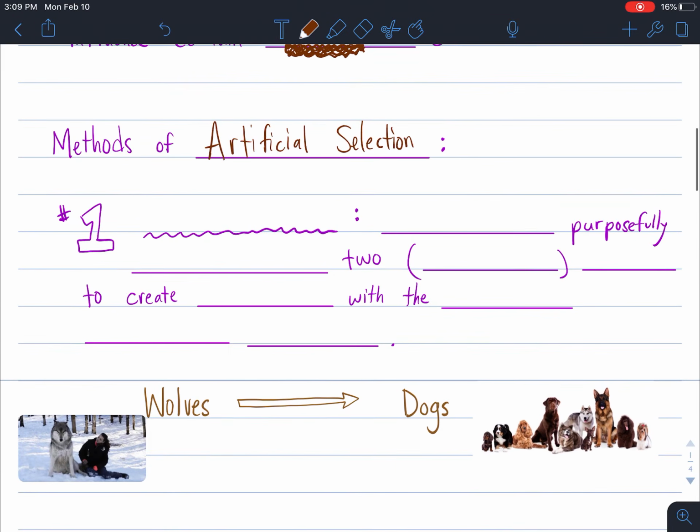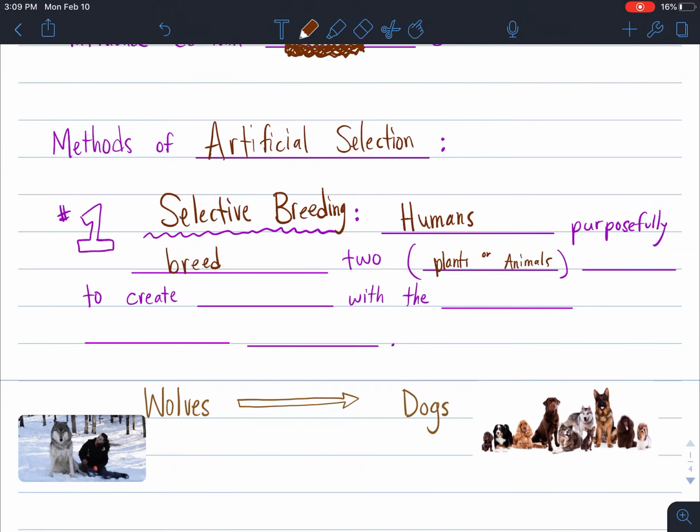So one of these methods is known as selective breeding. And this is where you only breed organisms that have those desired traits. So in this scenario, humans purposefully breed two, it could be plants or animals.